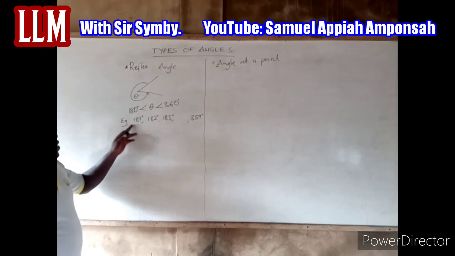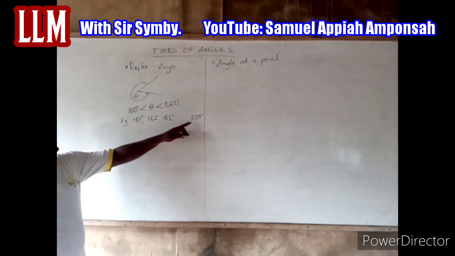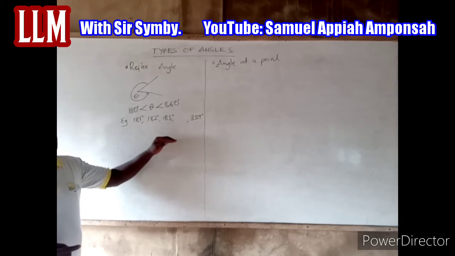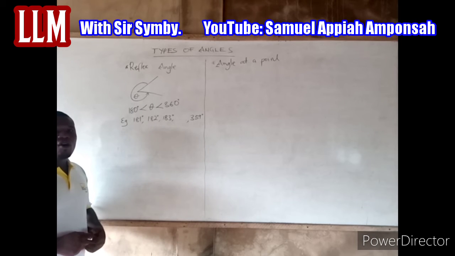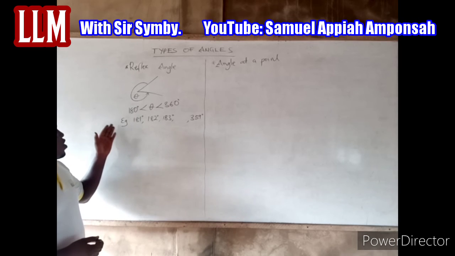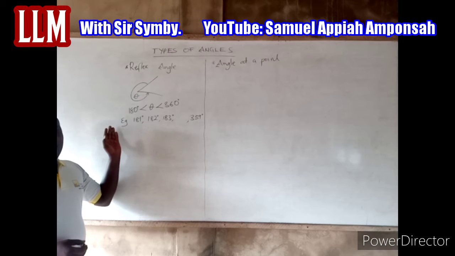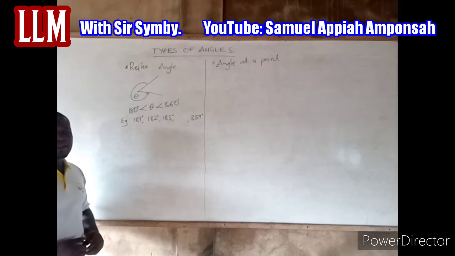So from 181 degrees to 359 degrees, all those angles within this perimeter are reflex angles.